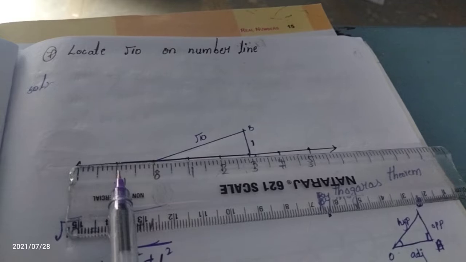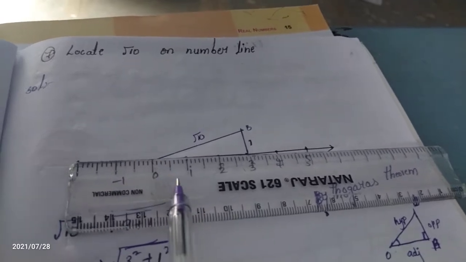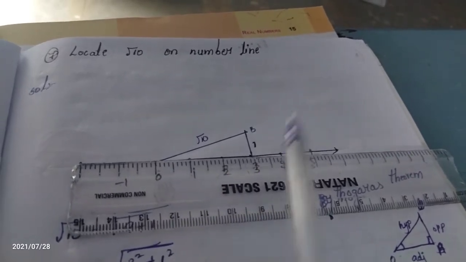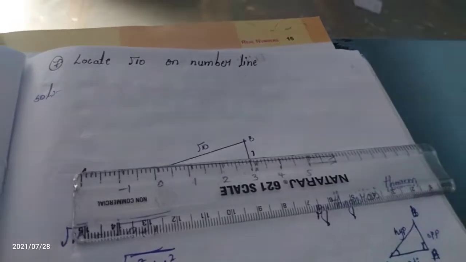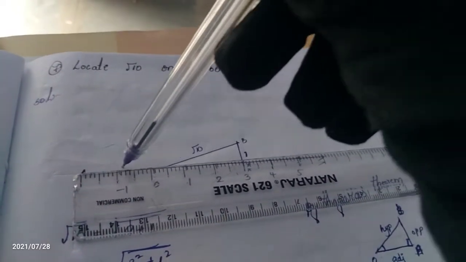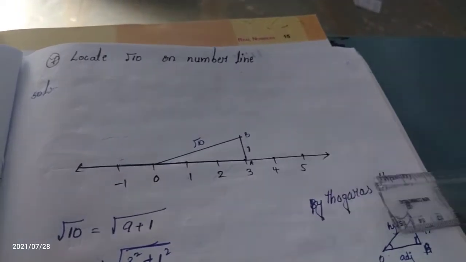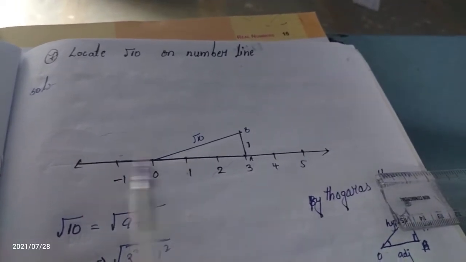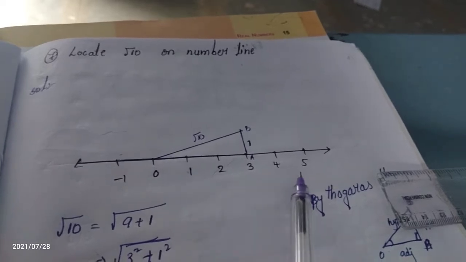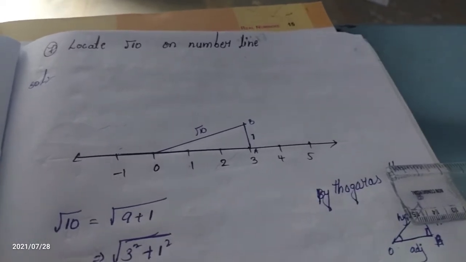I am taking the -1 here: 0, 1, 2, 3. You have to point 1 point. Afterwards, you have to take the numbers on that: 0, 1, 2, 3, 4, 5. That much only you have to take.